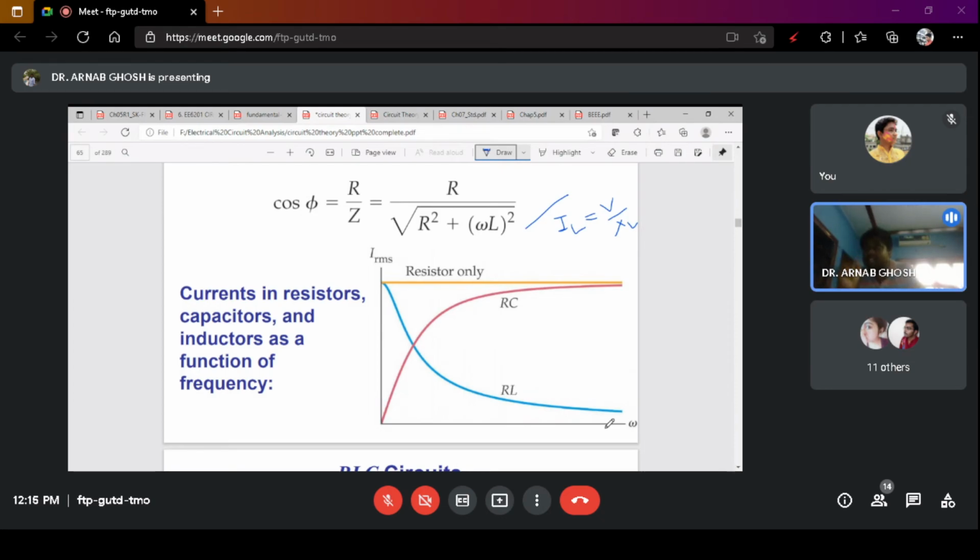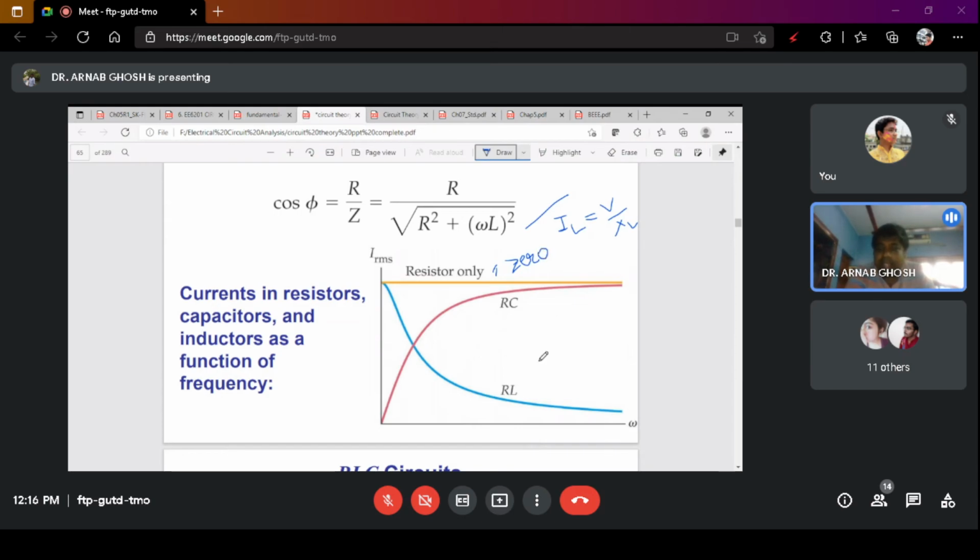If it's an RC or an RL circuit, we term that a first order circuit, and an RLC circuit is a second order circuit. If it's a purely resistive circuit, we term that a zero order circuit.